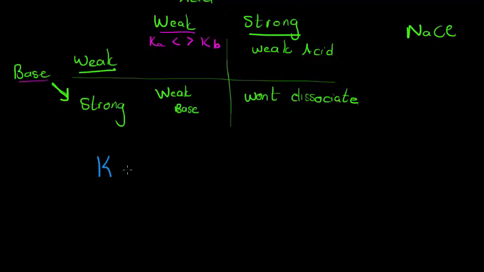We know that the K value for a reaction is found by taking the concentration of the products divided by the concentration of the reactants.